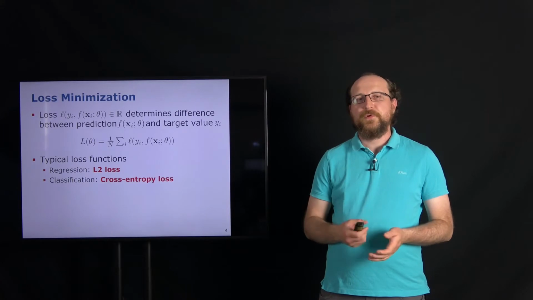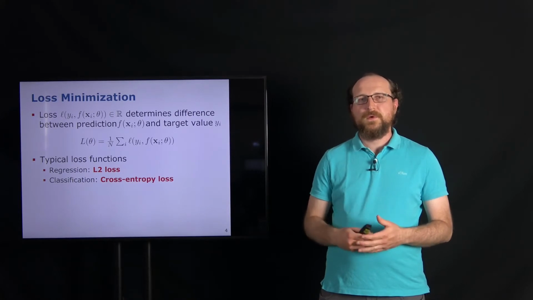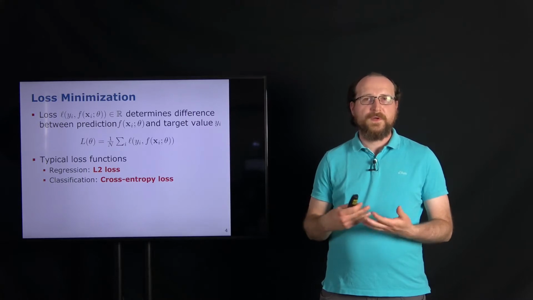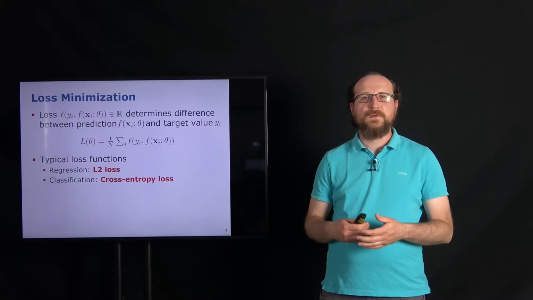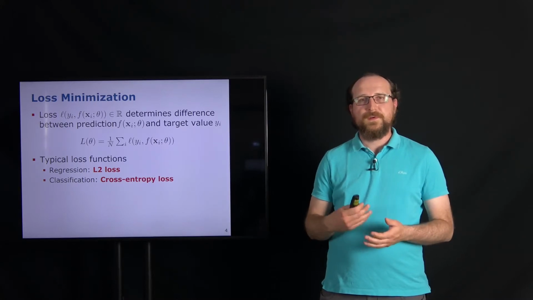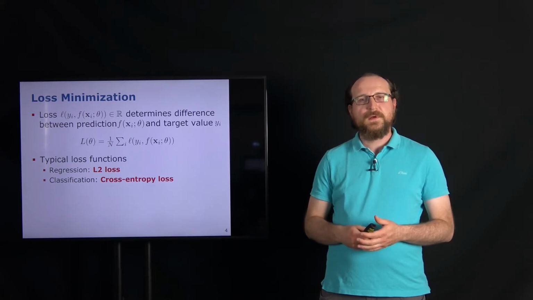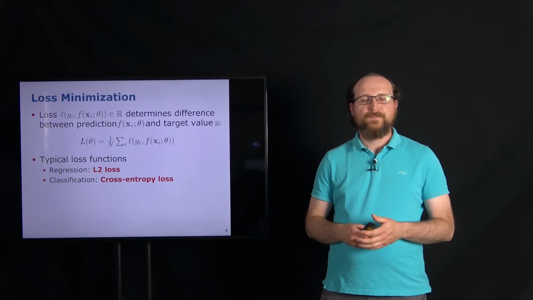So what it boils down to is that we want loss minimization. The loss, which is a scalar value, determines the difference between our prediction and the target. We are taking the view that the convolutional neural network is just a function of its input xi, the parameter theta, and the target value yi that we want to have.